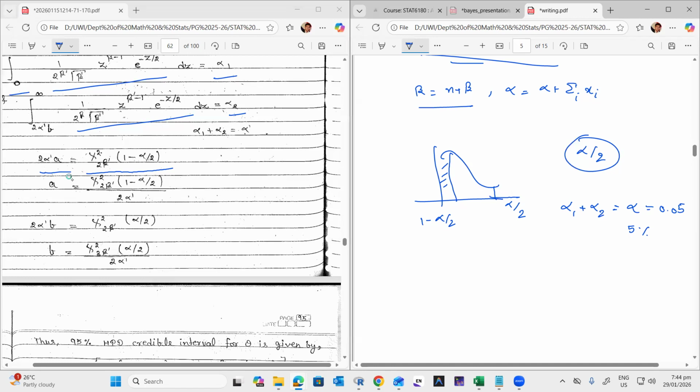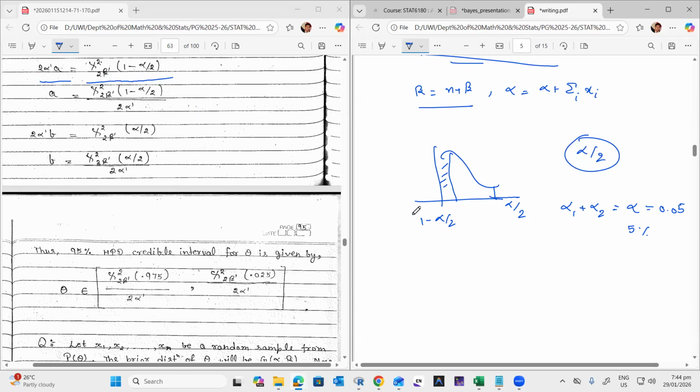So a will be chi-square 2 beta dash 1 minus alpha by 2 divided by 2 alpha dash. And similarly, for the upper side, because it's the upper limit, it will be chi-square with degree of freedom 2 beta dash, alpha by 2. Because it is asymmetric, b will be chi-square 2 beta dash alpha by 2 divided by 2 alpha dash.